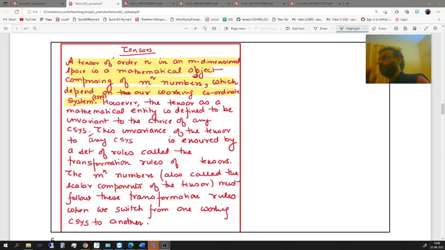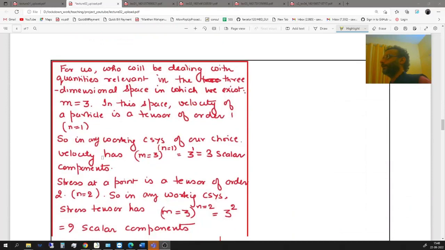The tensor components in two different coordinate systems must be related through what we call the transformation rules of the tensors. Now these things will become more clear as I elaborate on each aspect of what I had on the previous slide.